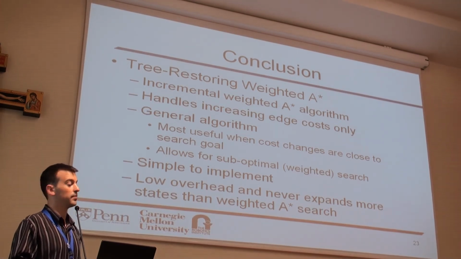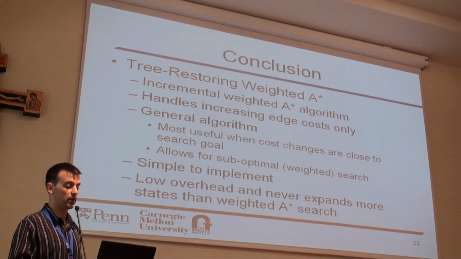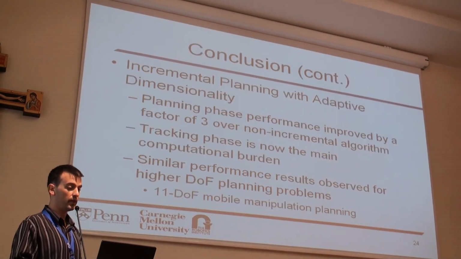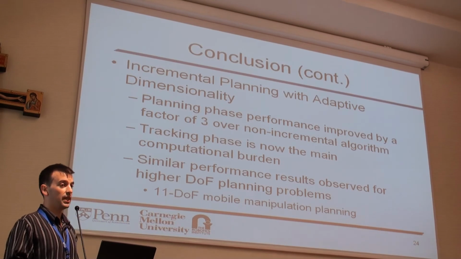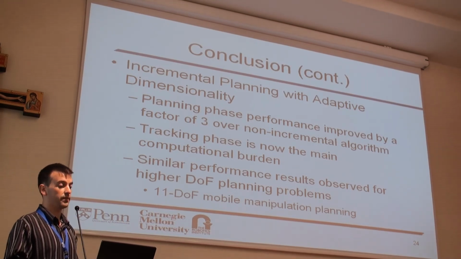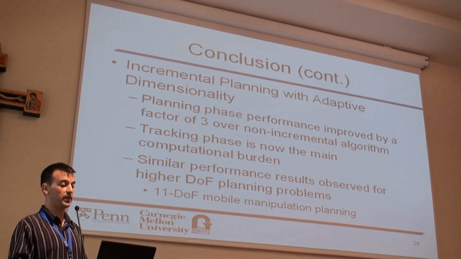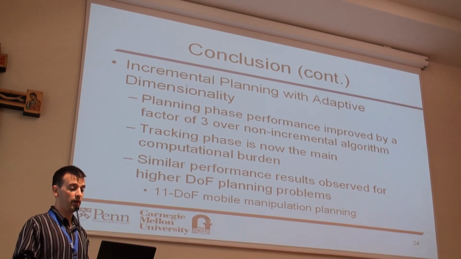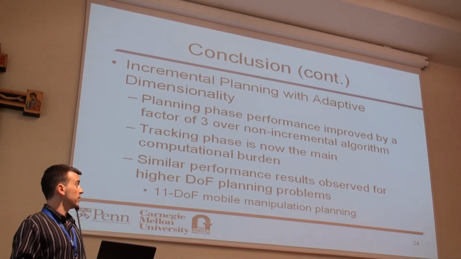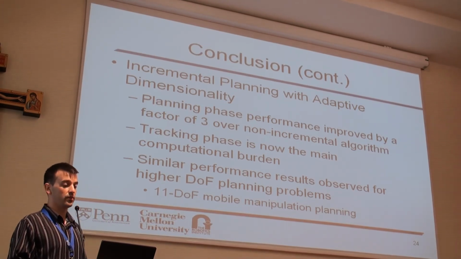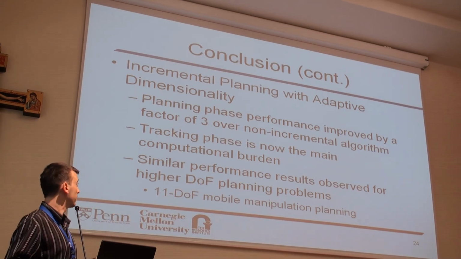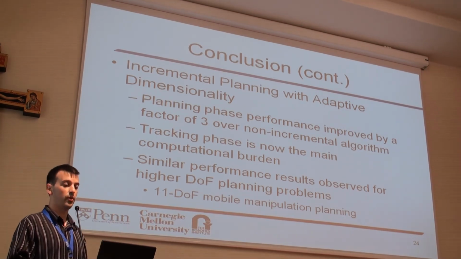It's very simple to implement, and it has relatively low overhead. Also, it lends itself very nicely into the context of planning with adaptive dimensionality and increases the performance of the planning phase of the algorithm by a factor of 3. Also, we observe very similar performance results for the domain of 11DOF planning for mobile manipulation.